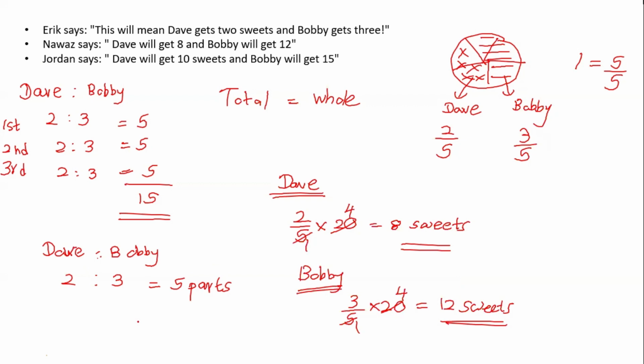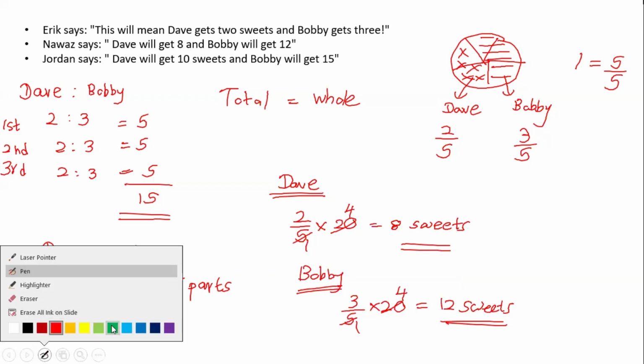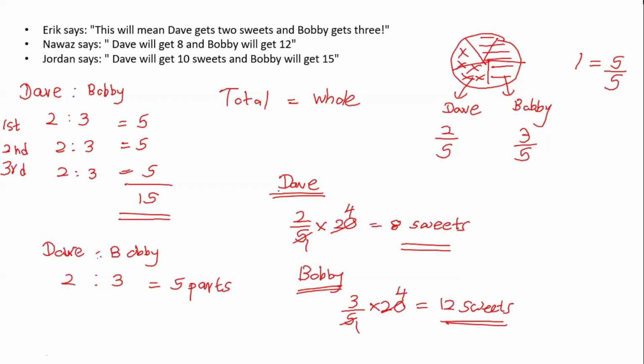Okay, so now let me check the answers and find the correct one. First one, Eric says this will mean Dave gets 2 sweets and Bobby gets 3. Actually, this statement is true, but not applicable for this scenario because here we got 20 sweets, so we have to find the total number of sweets received by each one.